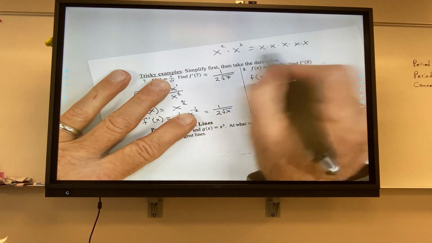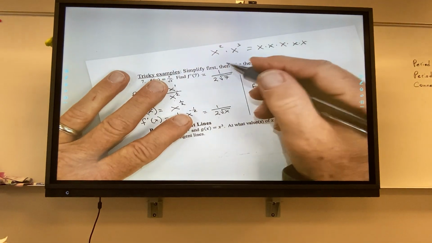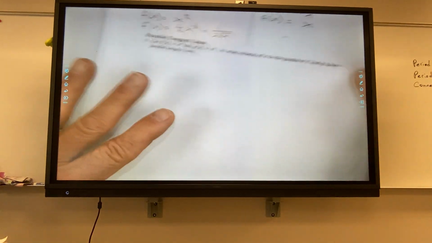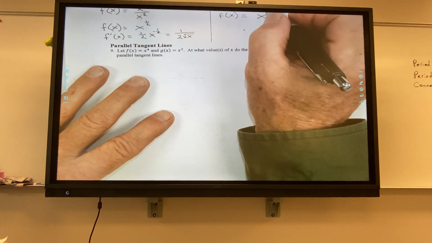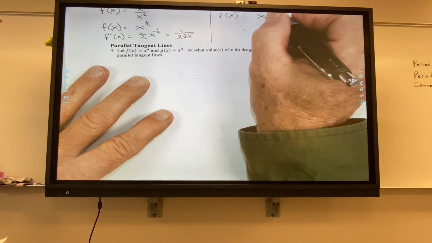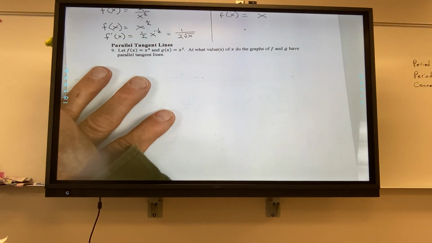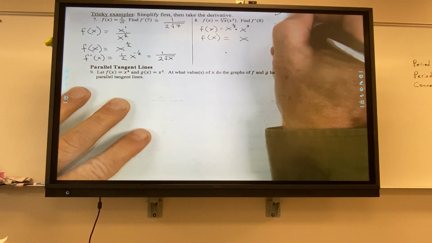Here's x times x, which is x squared. Here's x cubed, x times x times x. What does that give you? X to the 5th. You add them. So what do you get when you add 3, a third, and 3? 3 1/3. Okay? You are absolutely correct. You get 3 1/3.